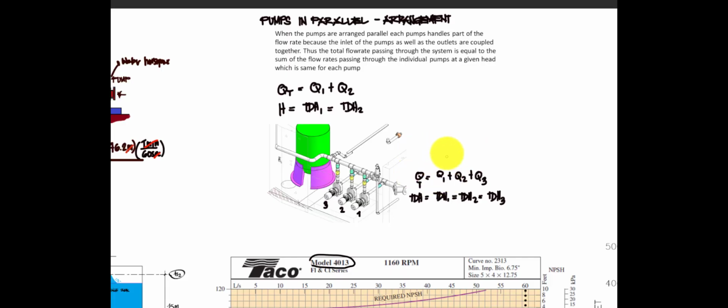But kaya niya palang i-reach yung 95 total dynamic head, which is 95 meters. So it falls dito. So pasok siya. But we can use yung tinatawag na pumps in parallel arrangement.